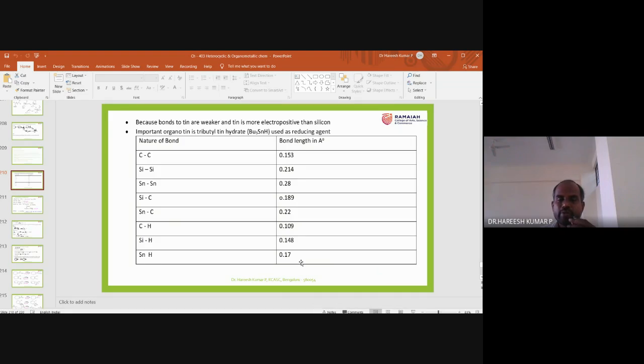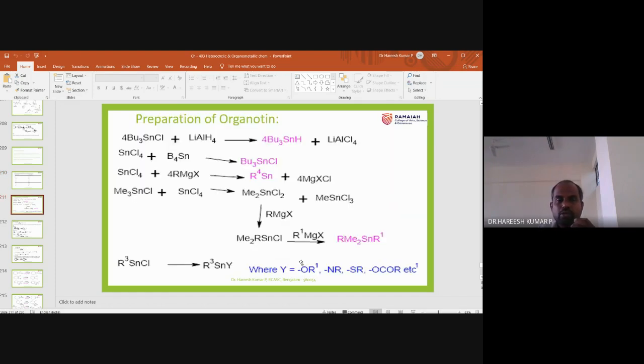The next slide will give you the information about preparation, the preparation of stannic compounds. So look here. This is called tributyl tin chloride.